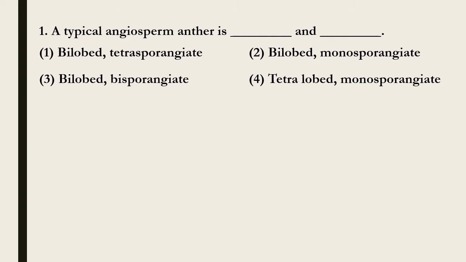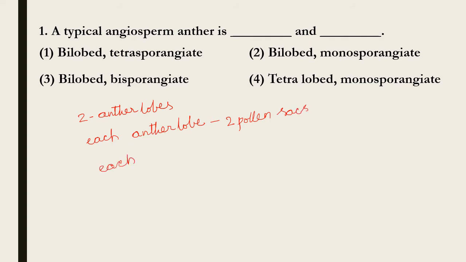A typical angiosperm anther consists of two anther lobes, and each anther lobe consists of two pollen sacs, and each pollen sac consists of one microsporangium.